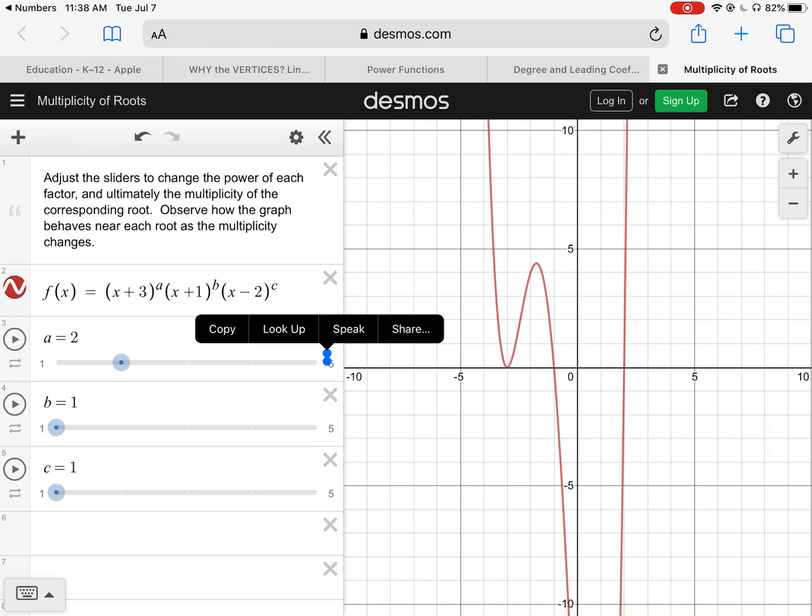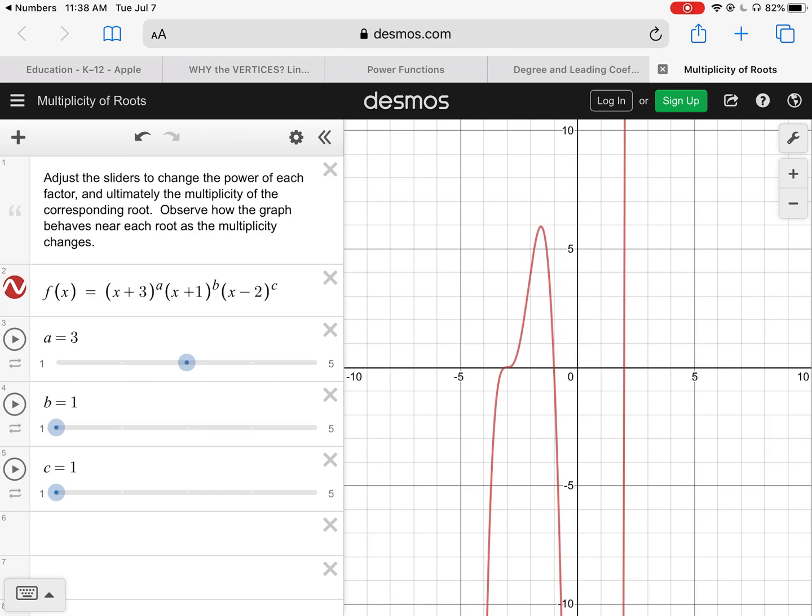Now at the root of -3, the graph is behaving kind of like a parabola, okay? Let's move it to A equals 3. So when the multiplicity is 3, at x equals -3, the graph is now behaving cubically. Now the multiplicity is 4, at x equals -3, the graph is behaving kind of like a parabola, but really it's more like the power function y equals x to the 4th, okay?